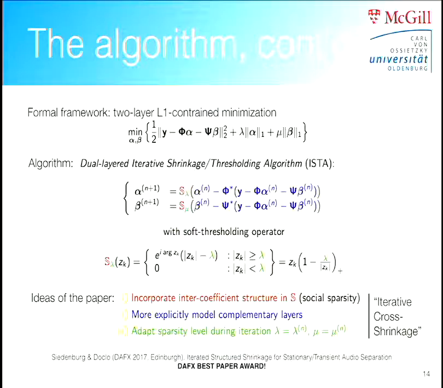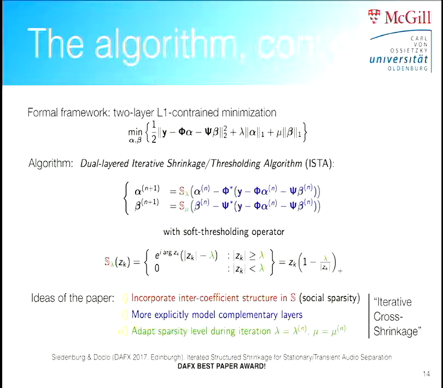And then the second step is to more explicitly model the complementary nature of the two layers, which is kind of just playing a sneaky trick on this iteration structure, departing from the original mathematical formulation, because we just observed that it works better, simply.